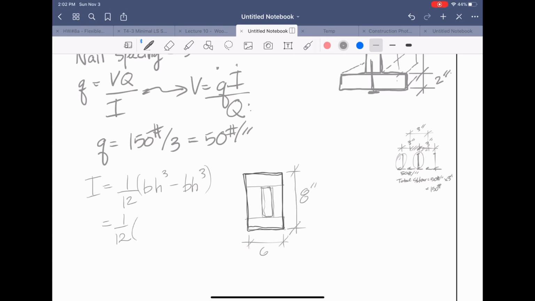So base 6, 8 to the third, minus what you're subtracting, which is this and this.